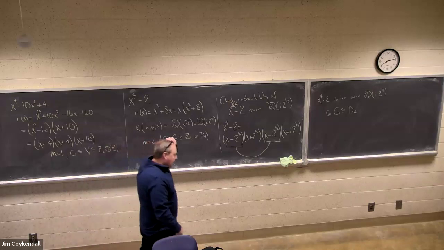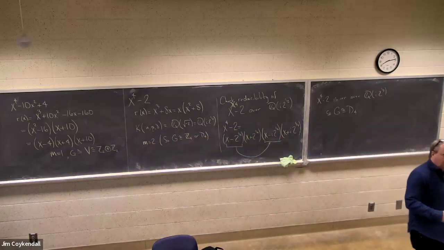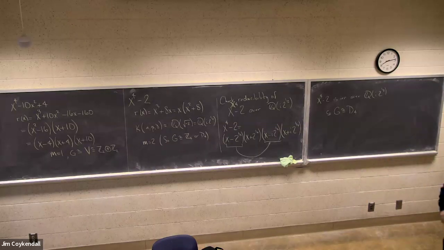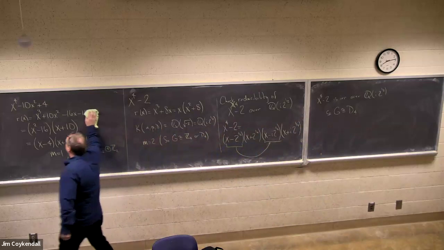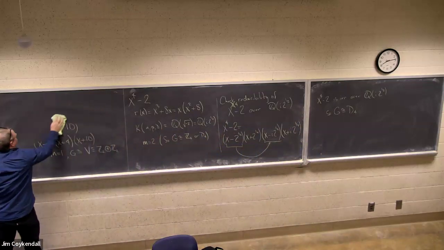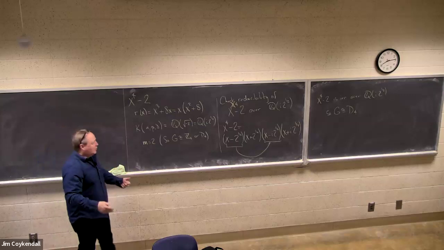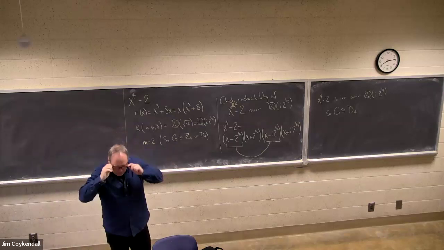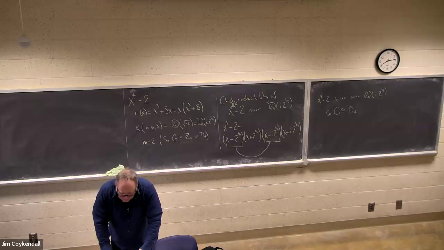Okay, let me give you another theorem. I think this theorem is very useful for eliminating possibilities if you know the transitive subgroups, and I'll give you a couple of examples. The last few I did looked at quartics and cubics, but this one goes beyond that.